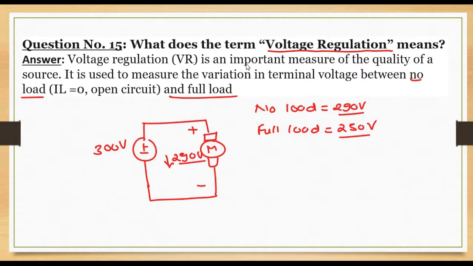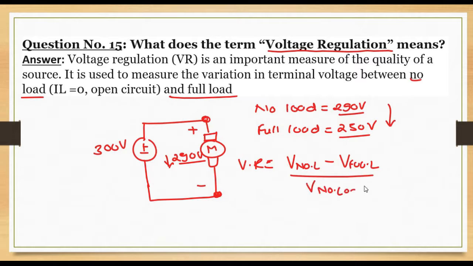Now what does voltage regulation mean? It is the variation in the terminal voltage. Since it was first 290 volts, it has dropped down to 250 volts. This change in voltage across the terminals of the motor is known as voltage regulation. The formula for voltage regulation is voltage at no load minus voltage at full load, divided by voltage at no load.